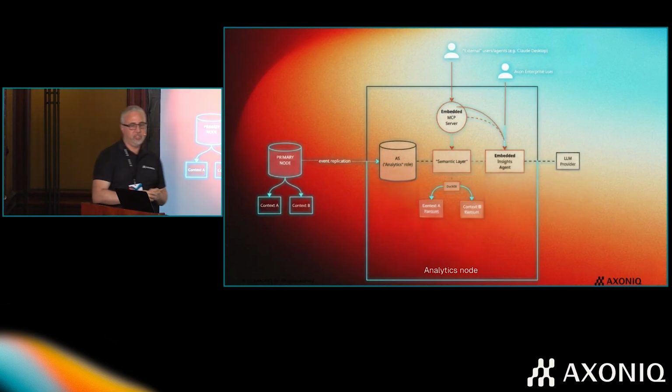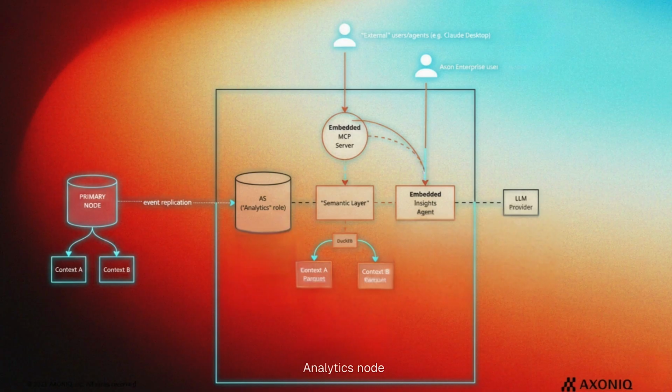And to show this visually, you'll have your cluster as it's running. So here I'm showing one primary node with 2 Axon contexts. And the whole point of doing analytics is not to impact your main cluster that is interfacing with your applications.